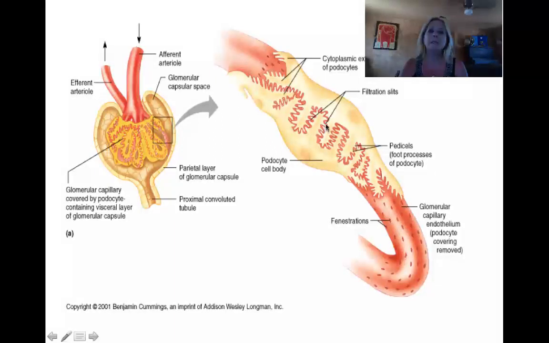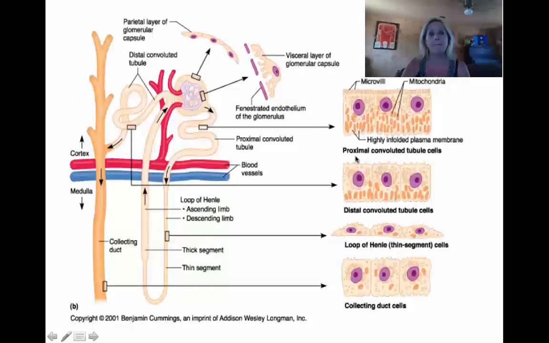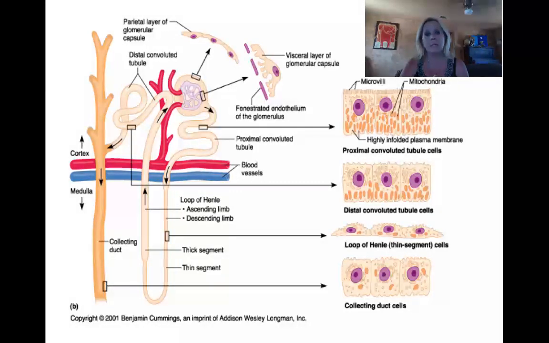And then these little teeny slits here, these are the filtration slits. So again, if anything gets out of here, then it's got to be able to get through these very small fenestrations, through the negatively charged basement membrane, and finally through the filtration slits of these podocytes. Not an easy task to do.